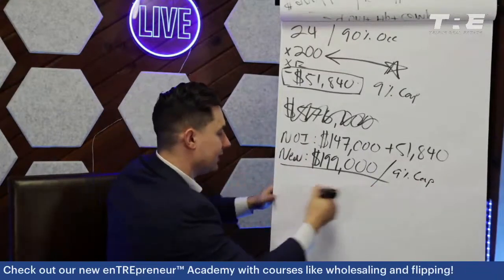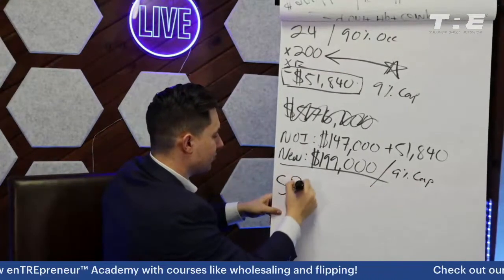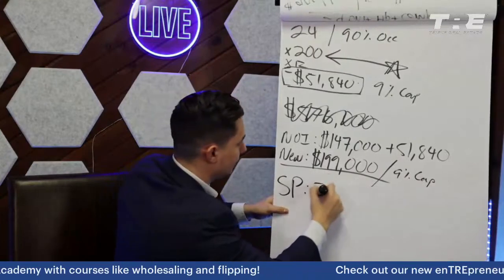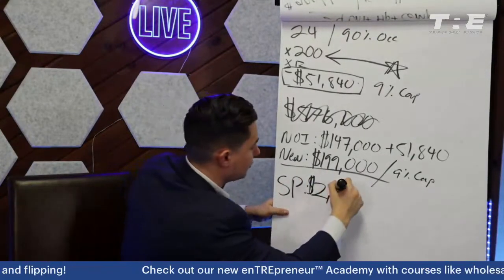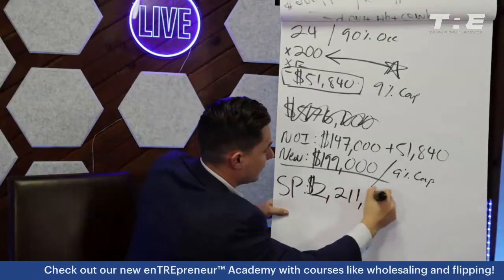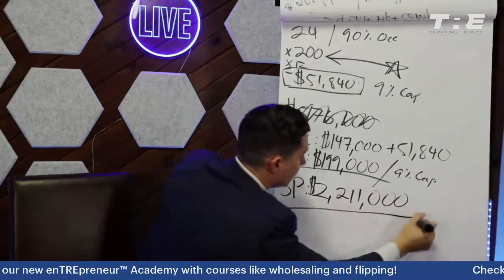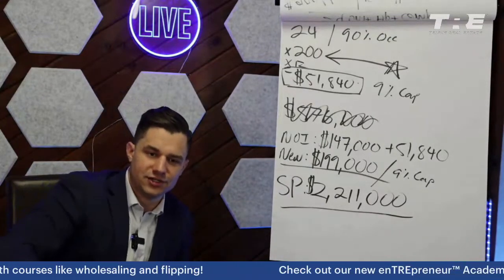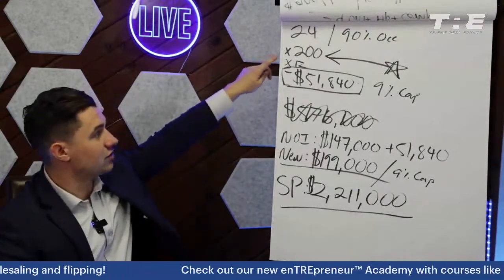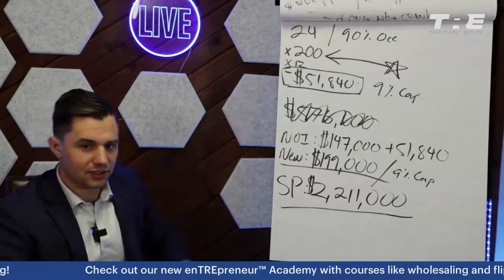But even if we did, our sales price would be $2,211,000. So we would have created value of about $575,000 just by raising rents by $200.